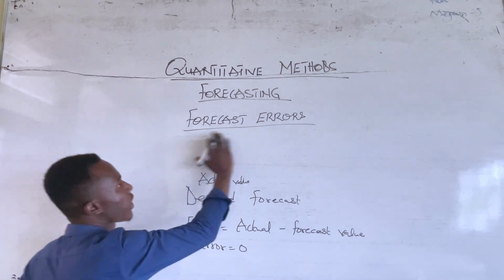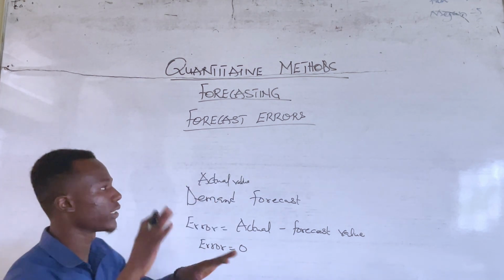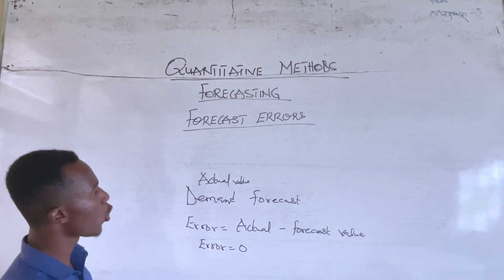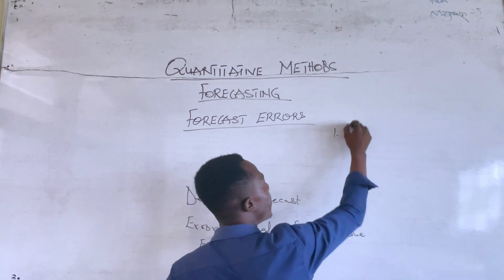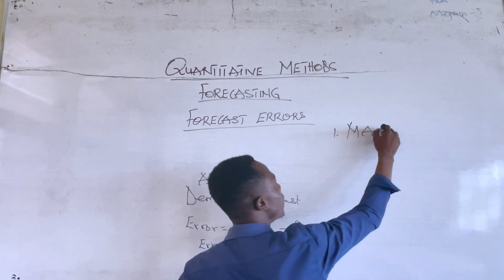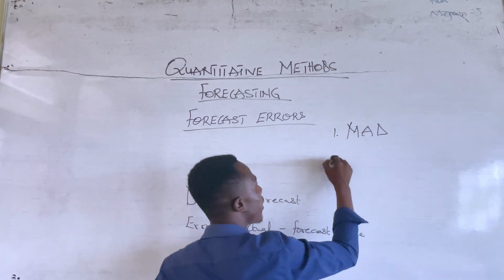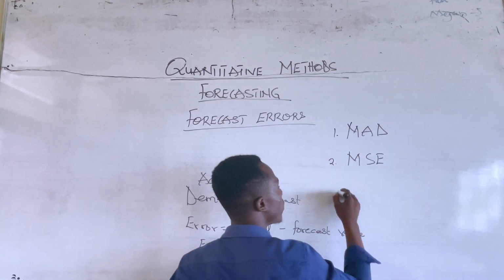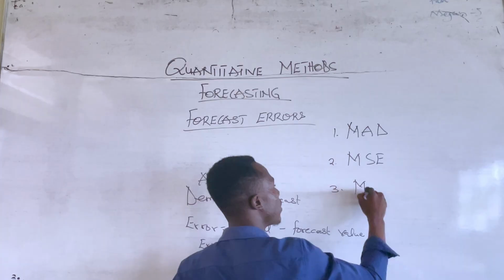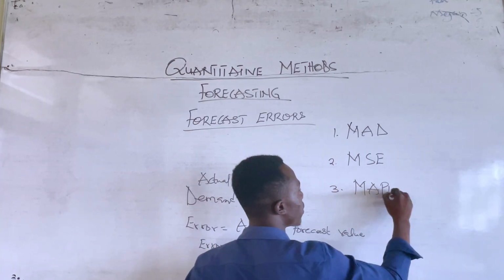And under forecast errors, we are going to look at three components. The first is mean absolute deviation, the second is mean squared error, and the third is mean absolute percentage error.